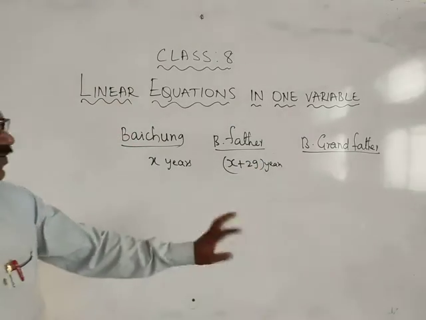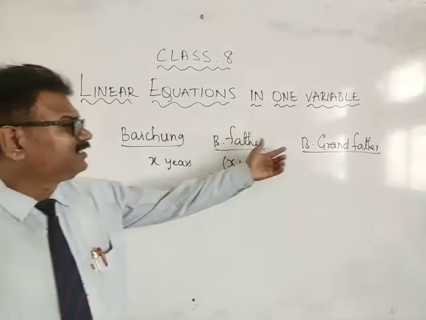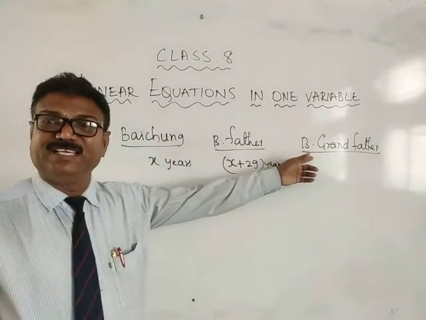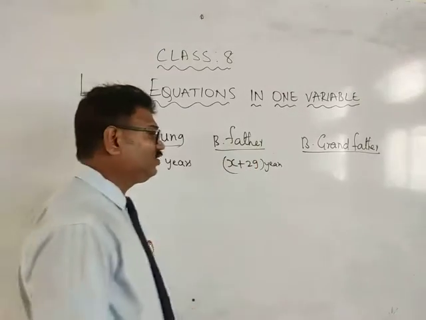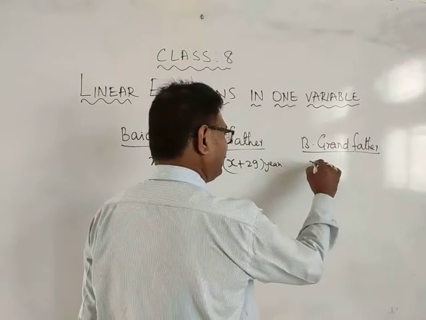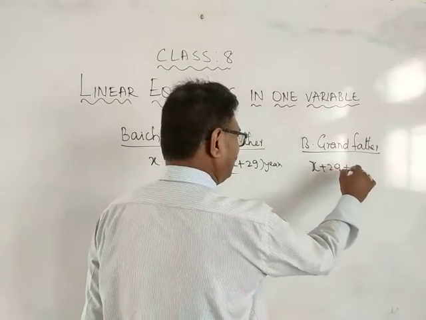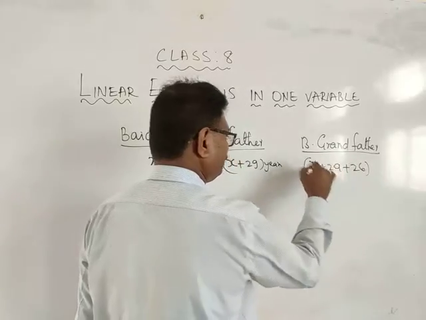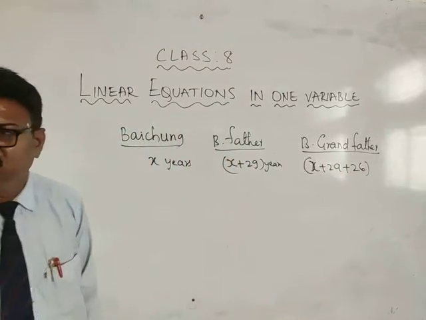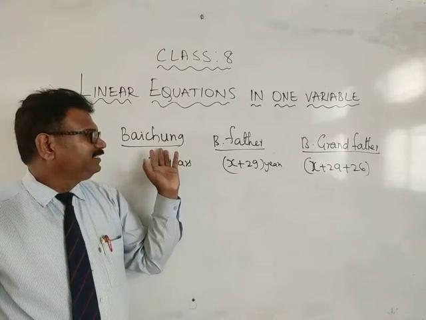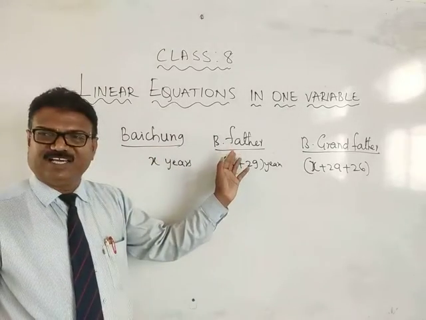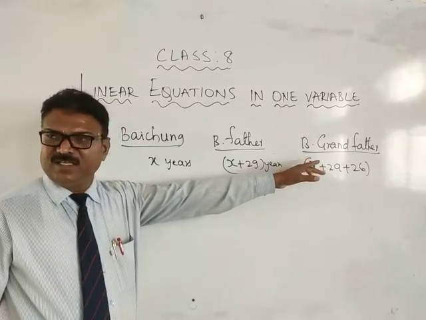Now what about the grandfather? Baichang's grandfather is 26 years elder than Baichang's father. Therefore, x plus 29 plus 26. Did you understand? Please read the problem one more time. Baichang is there, Baichang's father is there, Baichang's grandfather is there.